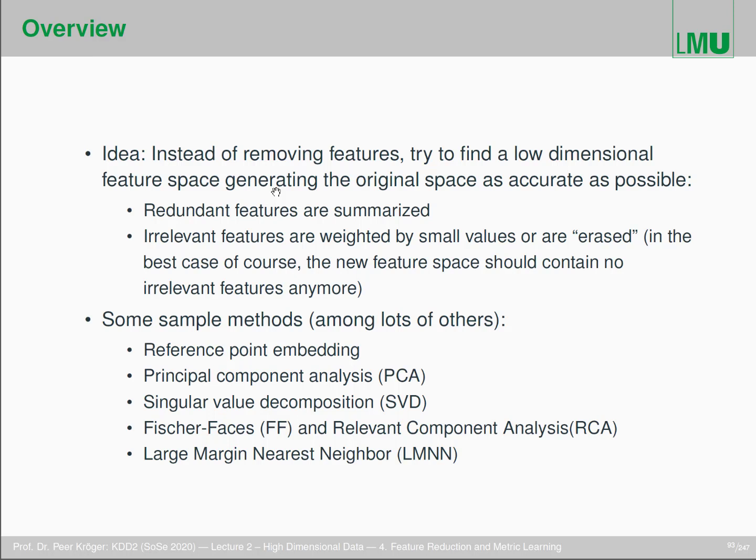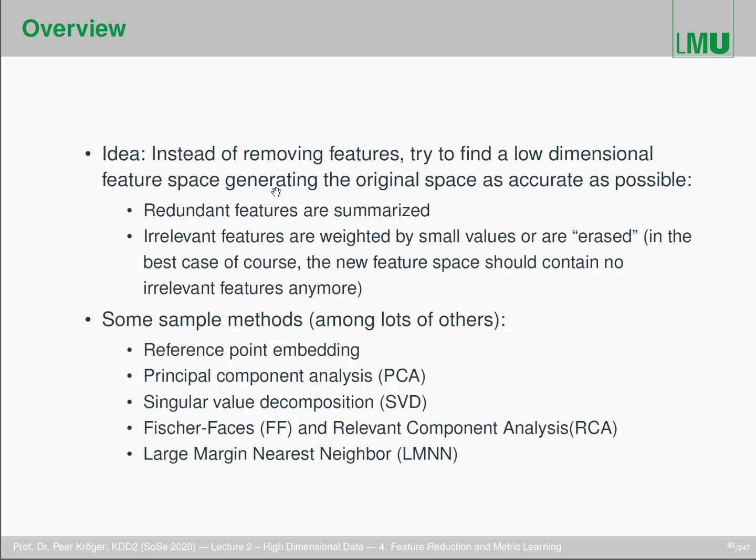Here different strategies exist. Sometimes we try to just weight those by small values, or we even try to really erase, delete them. The best case, of course, is that we want to get rid of them completely. So the new feature space, in the best case, should contain no irrelevant features anymore.